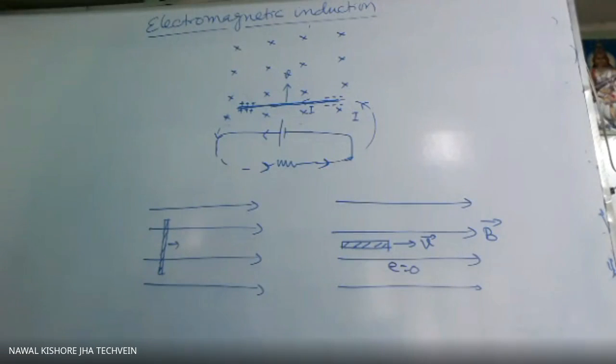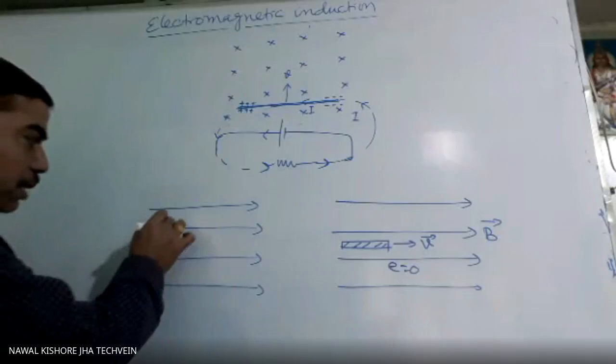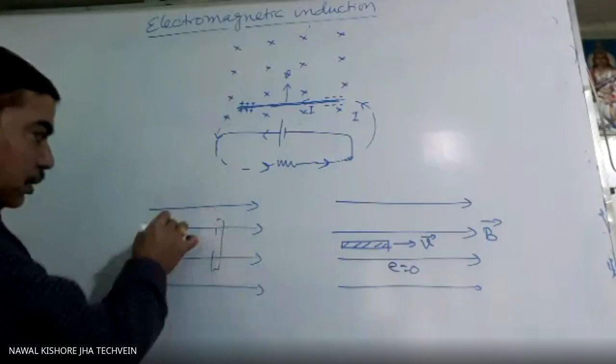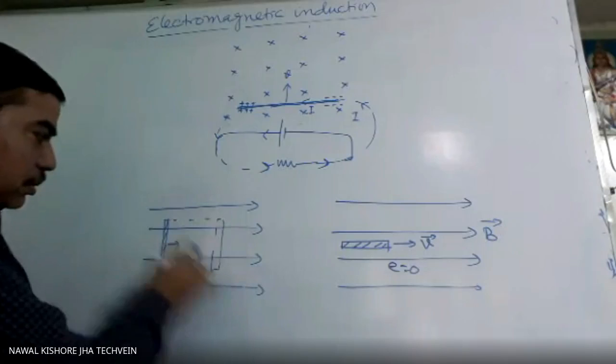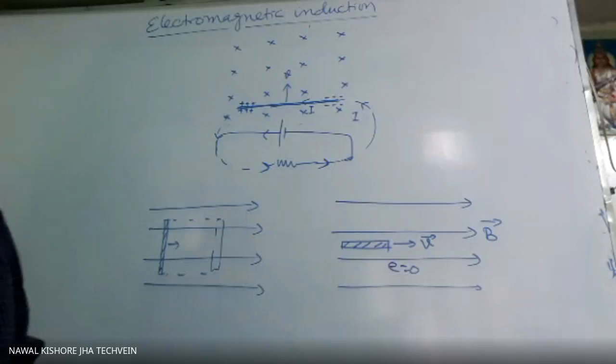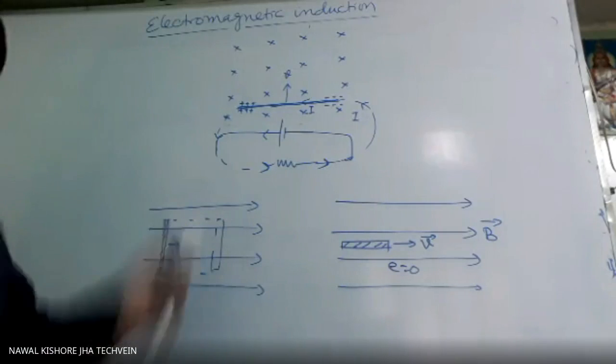No line is crossing. Flux is the number of lines of force crossing perpendicularly. So if we are coming to this place, that means this is the area vector. But V is in the same direction of magnetic field. So V and B will be in same direction. Okay, so this one will come afterwards.